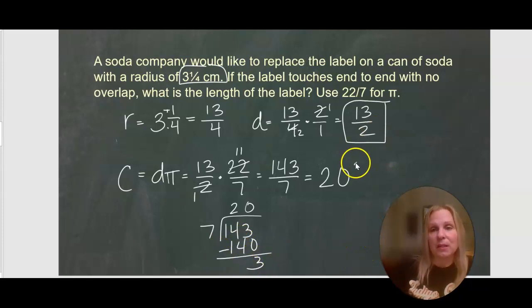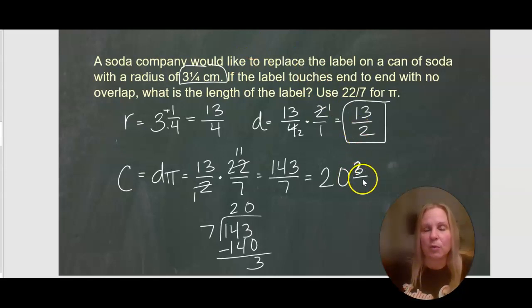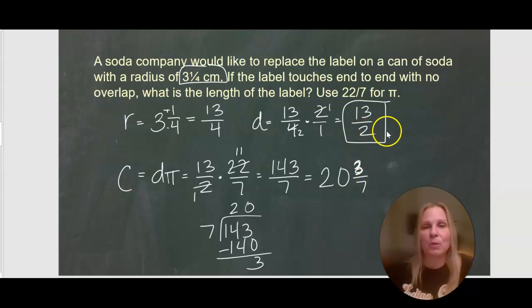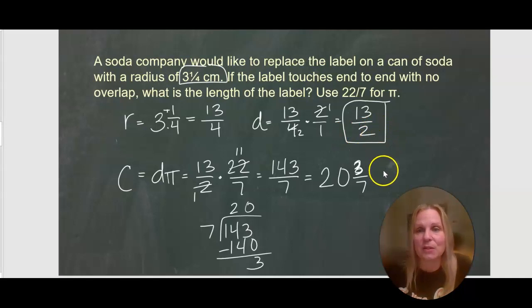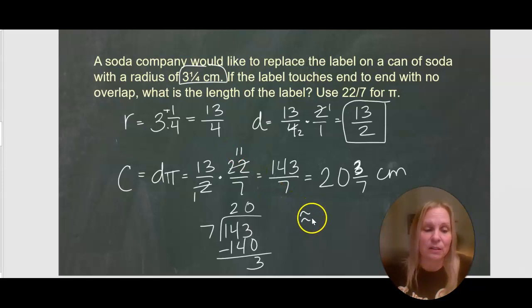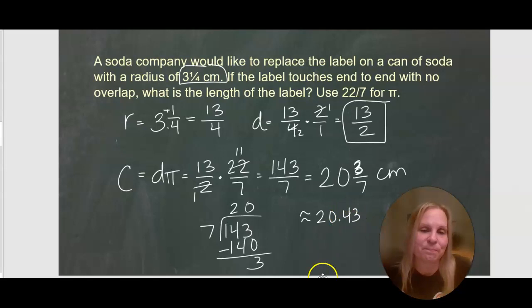So that would be 20 3/7, and that is centimeters, would be the length of the label. Now, if you made that into a decimal, 143 divided by 7, if I round, you would get approximately 20.43.